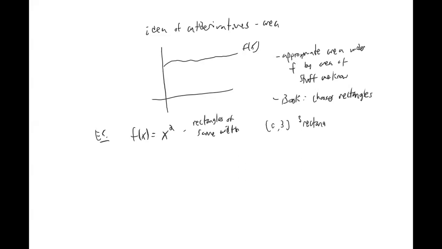That should make things easy, because 0 to 1 is your first one, 1 to 2 is your second, and 2 to 3 is your third. They are all the same width, width 1.